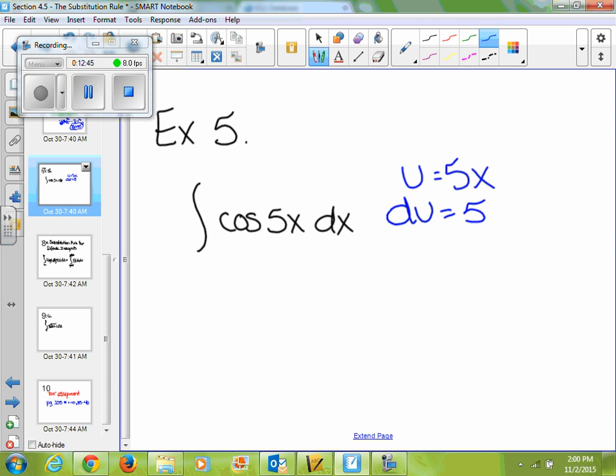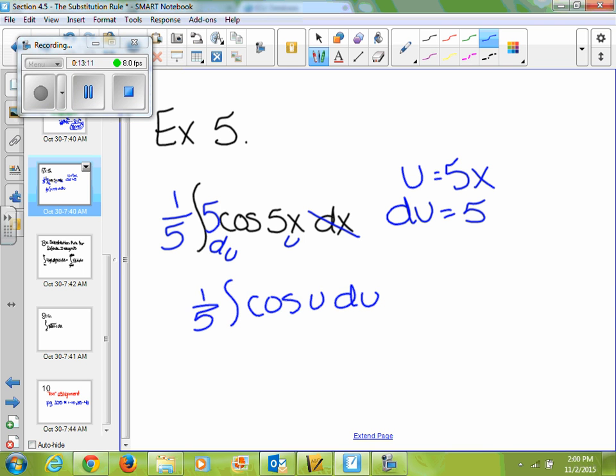So then if I cancel this out, I have the 5x, I don't have the 5, so I have to add the 5. And then on the outside, I have to add the 1/5 so that it doesn't change my equation. So I replace the 5 with du, and I replace the 5x with u. So I end up with the integral of cosine of u du, and the 1/5 just stays out front.